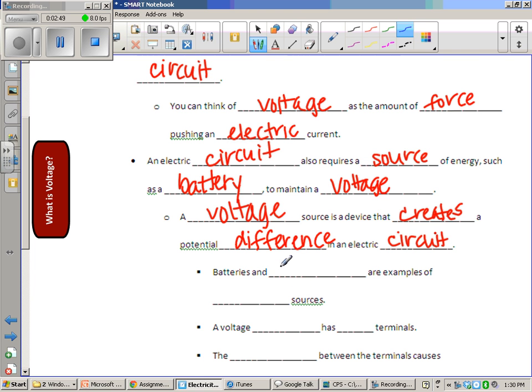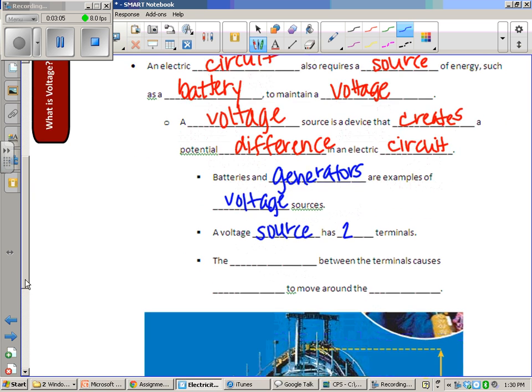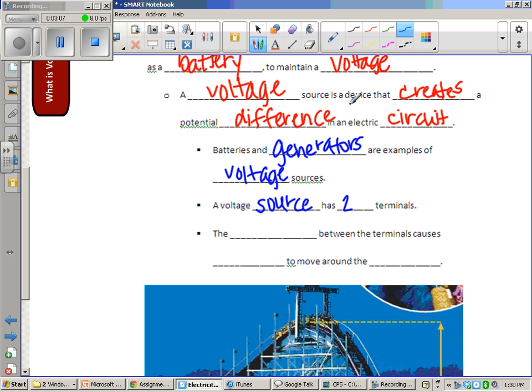So batteries and generators are good examples of voltage sources. A voltage source has two terminals. The voltage between the terminals causes your charges to move around the circuit.